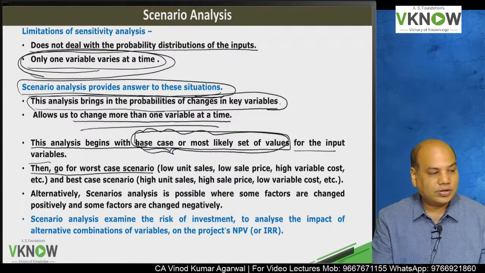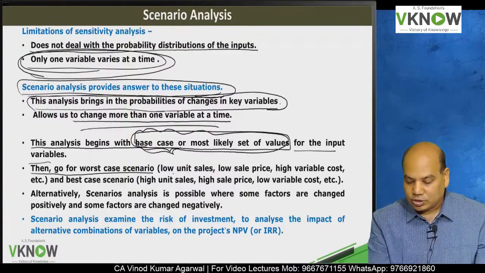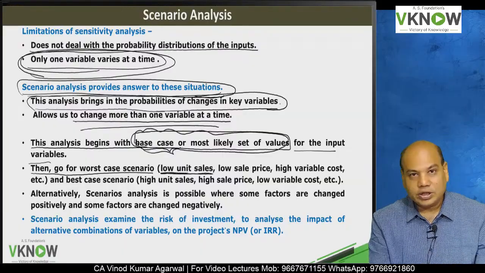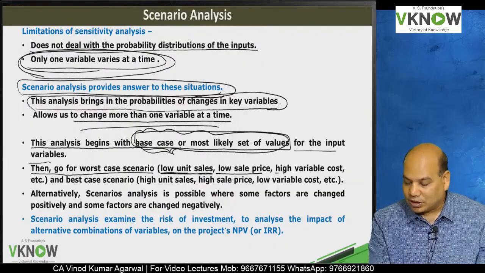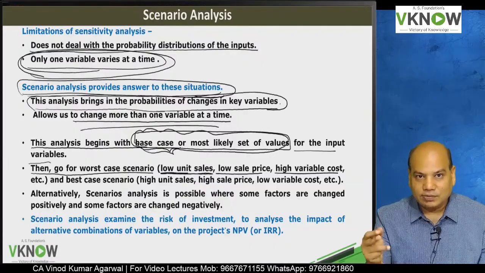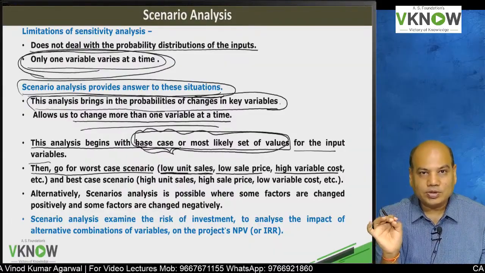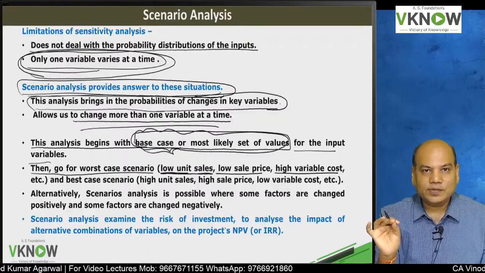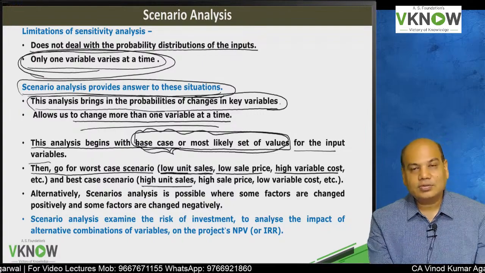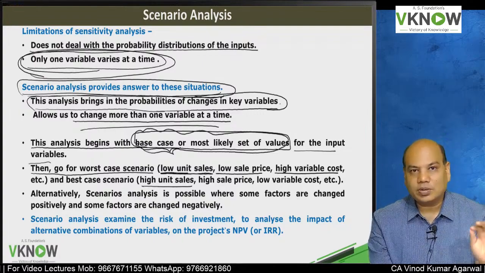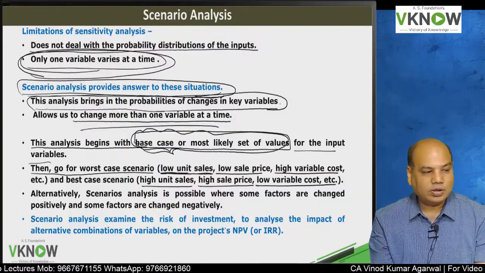When the question says test for worst case scenario, you will take simultaneously the lowest quantity that can be sold, the lowest selling price, the highest variable cost, the highest fixed cost, the highest project cost, etc. And when the problem says test the project for best case scenario, we will take the sales quantity which is maximum possible, highest selling price possible, lowest variable cost possible.